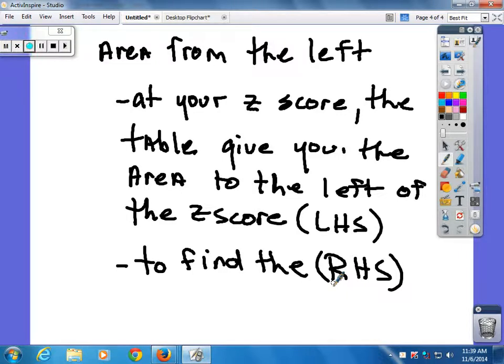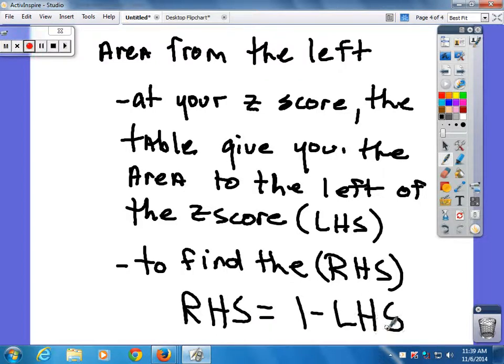So if the left-hand side is 0.35, what's the right-hand side going to be? 0.65, that's right, because the area is 1. So the right-hand side is equal to 1 minus the left-hand side.